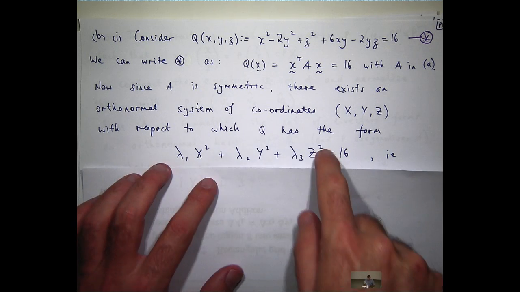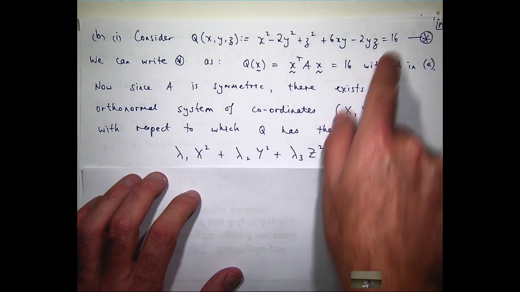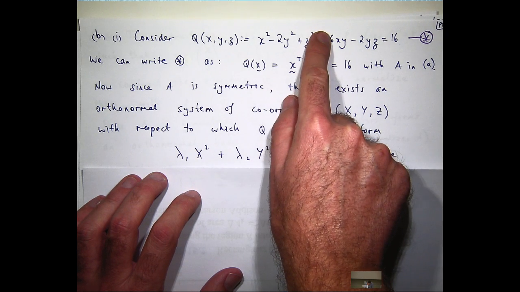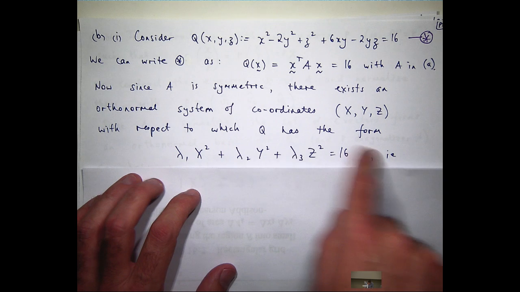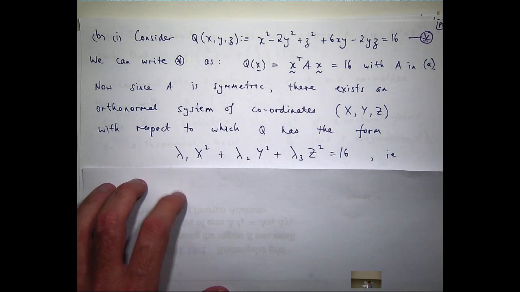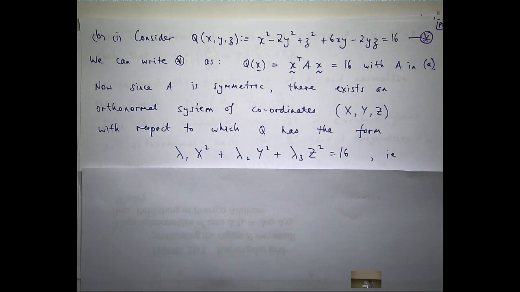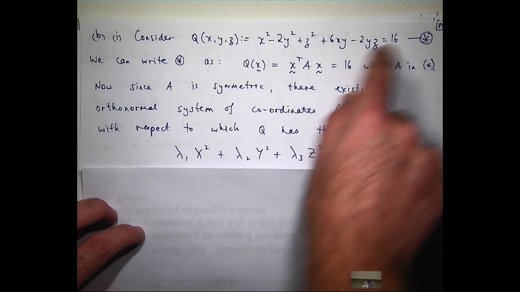Now you see how this is potentially much simpler than this mess up here? Okay, this could be a bunch of surfaces depending on the signs of the lambda 1, lambda 2, and lambda 3. But the thing is, it's much simpler than this thing up here.